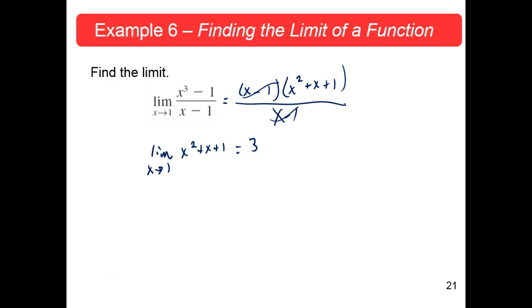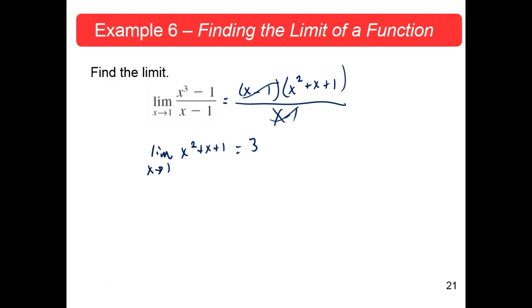And the reason for that is this function and this function agree everywhere except at x equals 1. Therefore, since this has a limit of 3 at x equals 1, the other one does too. Now, to me, the better way to say it is to analytically work with it, like factoring, dividing out, whatever. And they're going to come back and give that statement just a little bit later. In fact, they're going to do it right now.